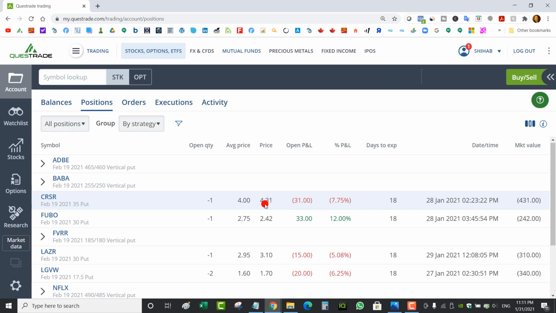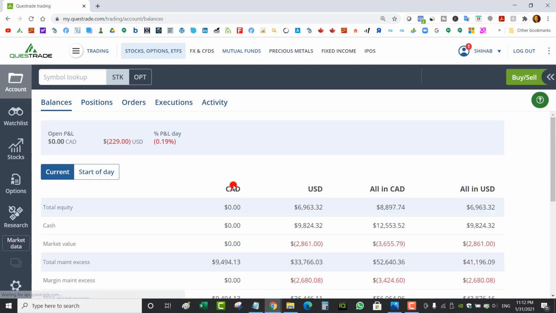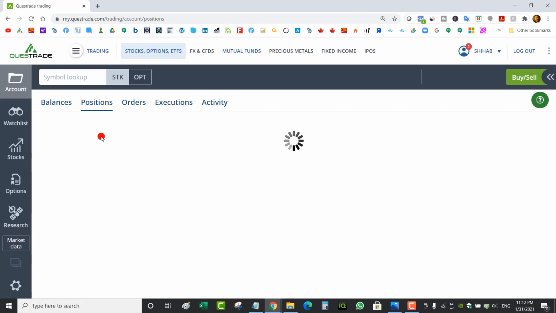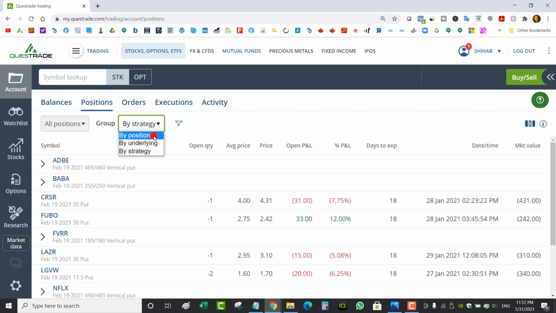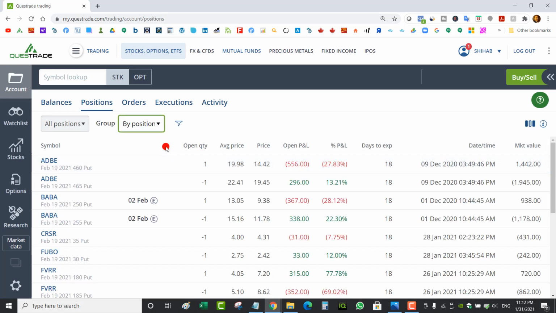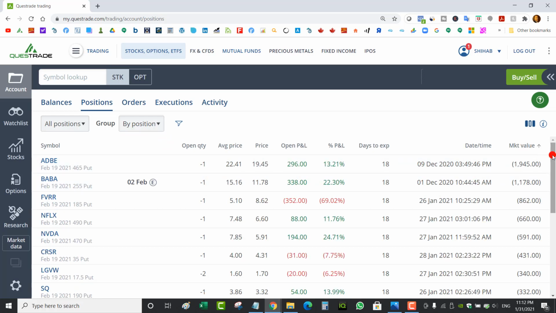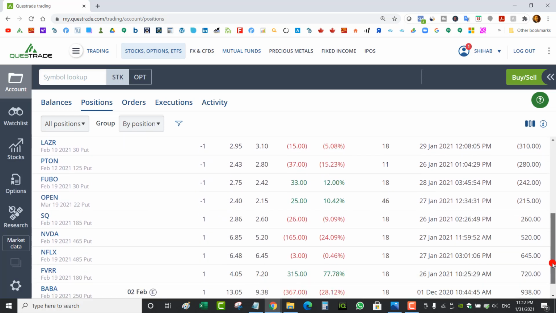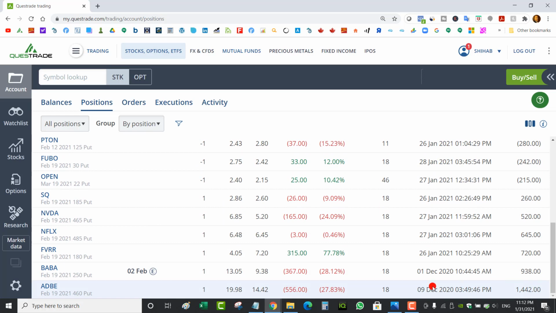But the market value, which is basically the price of what you're holding, in this case for this short put option, is negative 431. So that's why I've got a negative over here, because if you look at all my positions, if I group by position, and let's say I sort by market value, you can see I've got negative 1945, negative 1178. I've got so many negatives, and then I've got a few positives because they're part of the put spread, right?